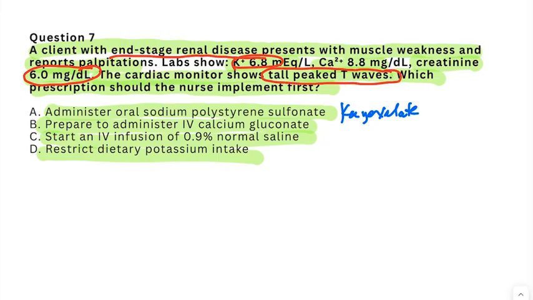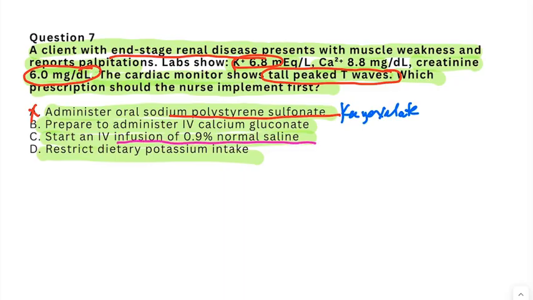So the question is, what is the priority? Choice letter A, administer Kayexalate. That's definitely not correct because if you give Kayexalate, it's going to take forever for it to work. Choice letter C, start IV infusion of normal saline. That's a good option, right?